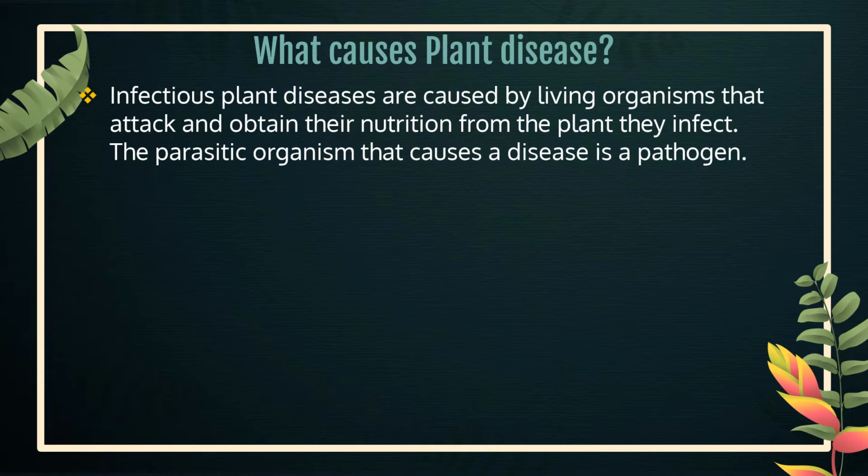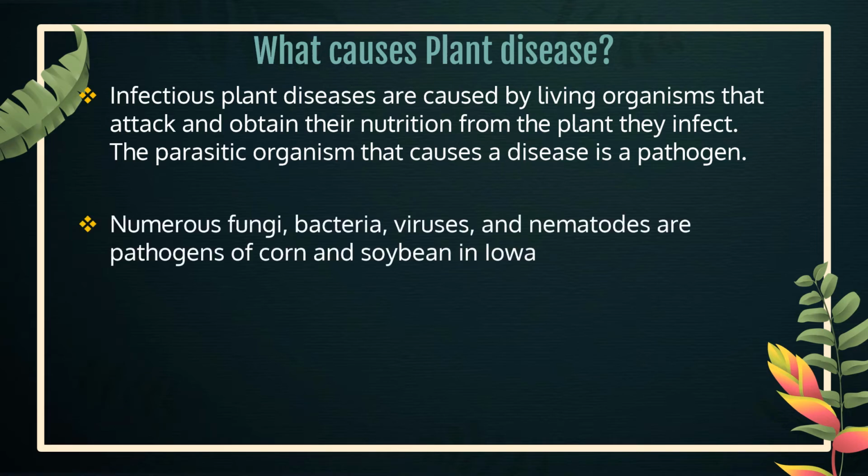So they will infect the plants, and these microorganisms, the parasitic organisms, cause the disease to the host. Here, the plant is referred to as the host. The organism which is causing disease to the host is called a pathogen.